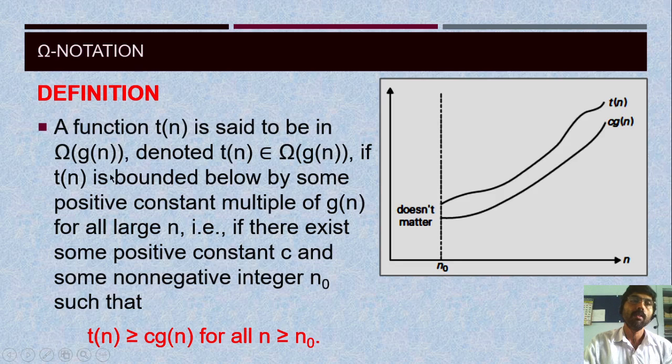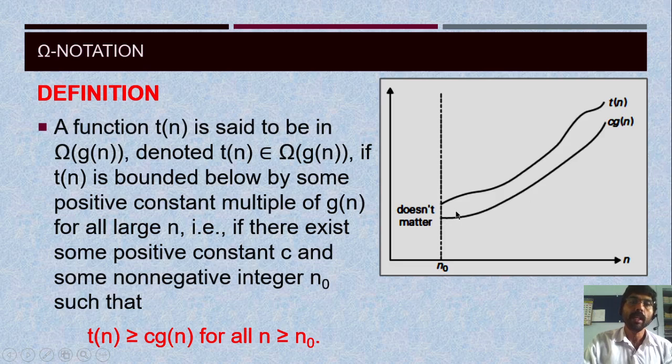Okay, now this can be the definition here. A function T of n is said to be in big omega of g of n, denoted T of n belonging to big omega of g of n, if this T of n is bounded below by some positive constant multiple of g of n, for all large n, that means n should be very, very large.